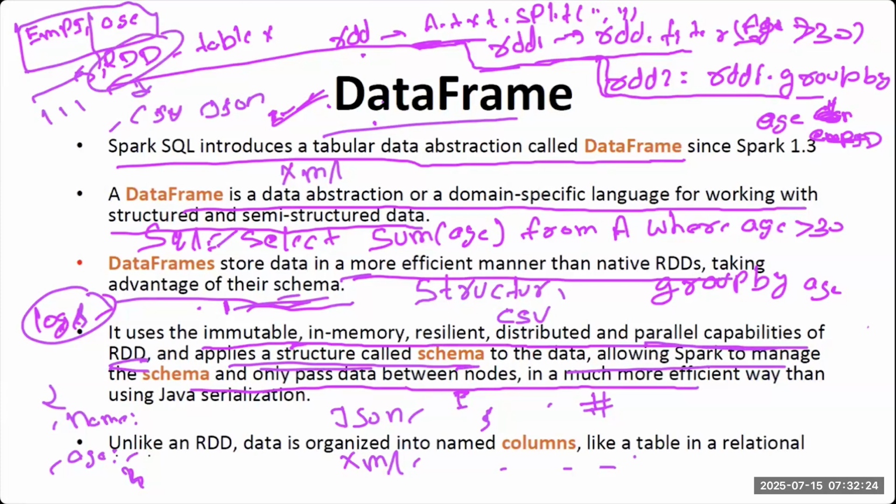In a DB you will have a schema, and then you can query the database. Here also, if you want to do any query, you need a schema on top of that file. Unlike an RDD, data is organized into named columns like a table in a relational database. So in RDD, things are not organized into columns, but in DataFrame, they are.